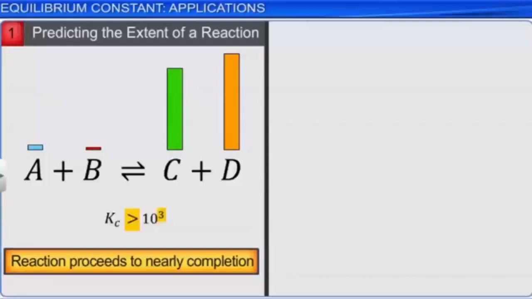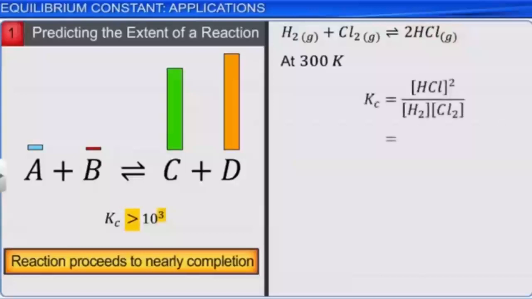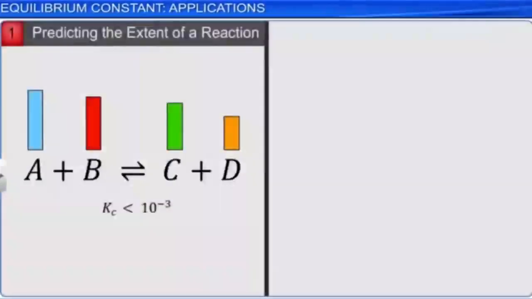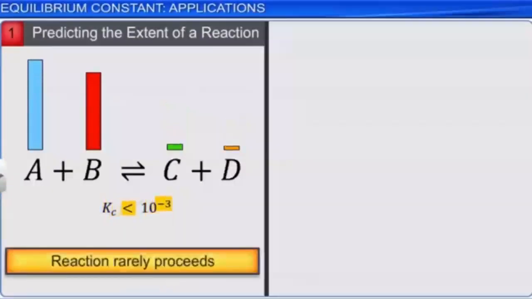For example, the equilibrium constant for the gaseous reaction between hydrogen and chlorine to form hydrogen chloride at 300 Kelvin has a very large value of 4 into 10 raised to the power 31. If the numerical value of equilibrium constant is less than 10 raised to the power minus 3, it means that the reaction rarely proceeds, and also that the equilibrium concentration of the reactants is large.